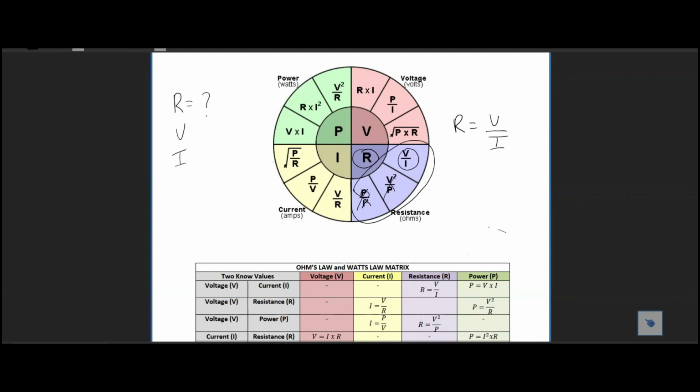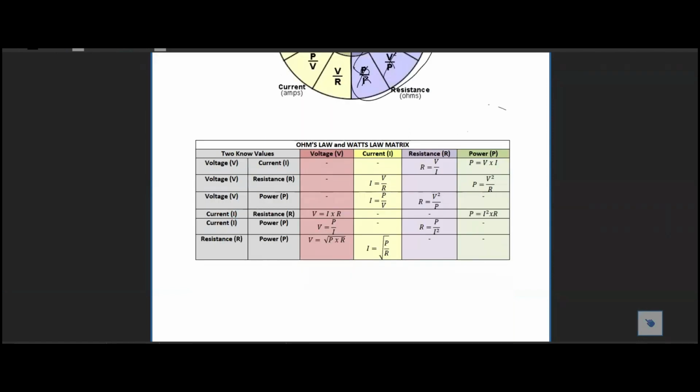So let's take a look down here and see how we could find the same thing using our matrix. Just like I said before, we're looking for R, the resistance. So you'll come right here and you'll find your resistance formulas, which is right there, all in the purple. You could just do like we did with the wheel and figure out which formula only has the voltage and current, or you can come over here and it asks you which values you know.